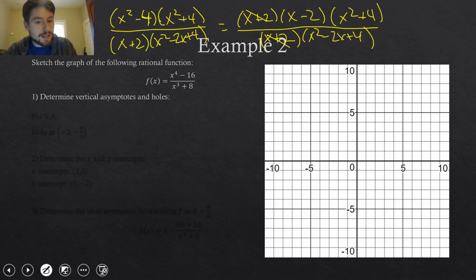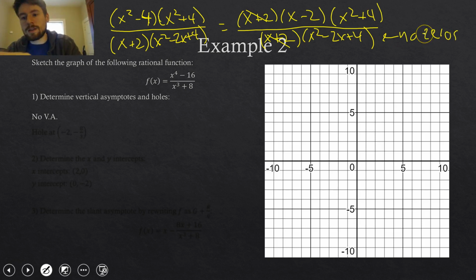So determining vertical asymptotes and holes, there's no vertical asymptote in this case because we cancel what would make the denominator 0, and this has no zeros. That quadratic that's left over after doing the sum of cubes formula doesn't have any zeros.